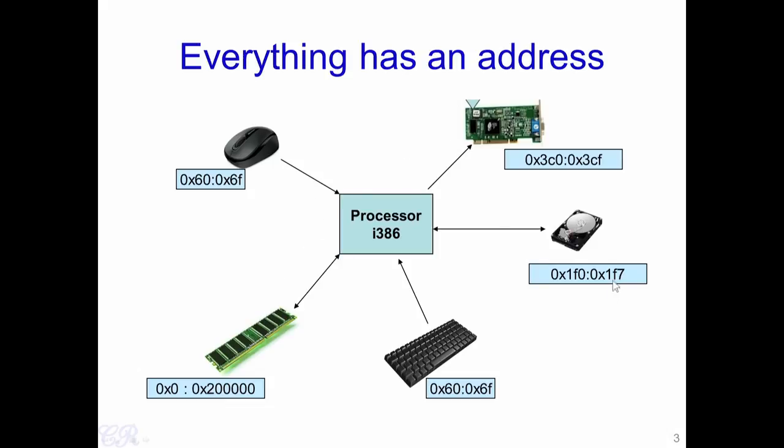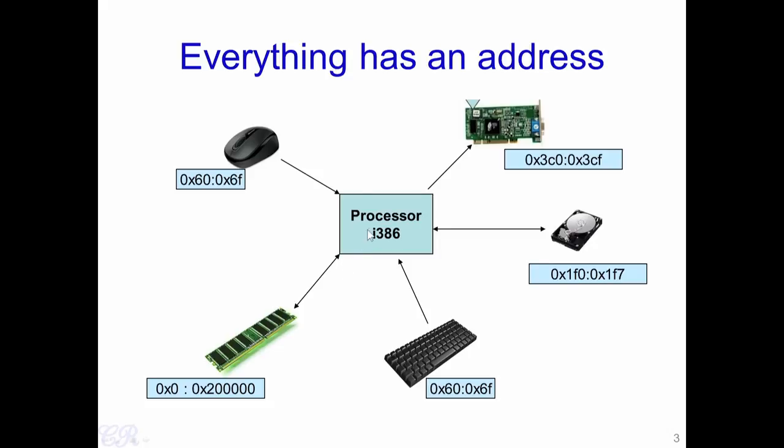For instance, we would have the hard disk, which is present from the address range 0x1F0 to 0x1F7. So, what this means is that when the processor sends out an address on its address bus, the hard disk would identify that the address is within this particular range, and therefore, it will respond. All other devices will then ignore that particular transfer on the processor bus, because it does not fall in their particular address range.